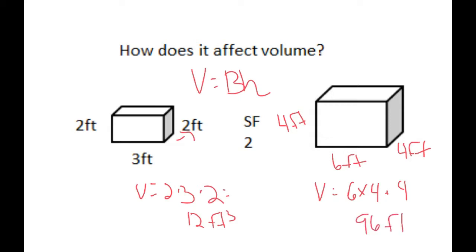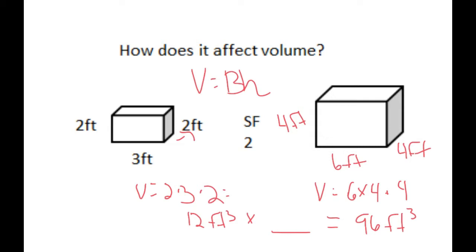and I get a volume of 96 feet cubed. So let's see if we can find a multiplier that I can multiply my smaller volume by that will give me the larger volume. We can start by trying the scale factor we used on each of the side lengths. If I multiply my volume of 12 times 2, that only gives me a volume of 24, which is not equivalent to my 96 feet cubed.